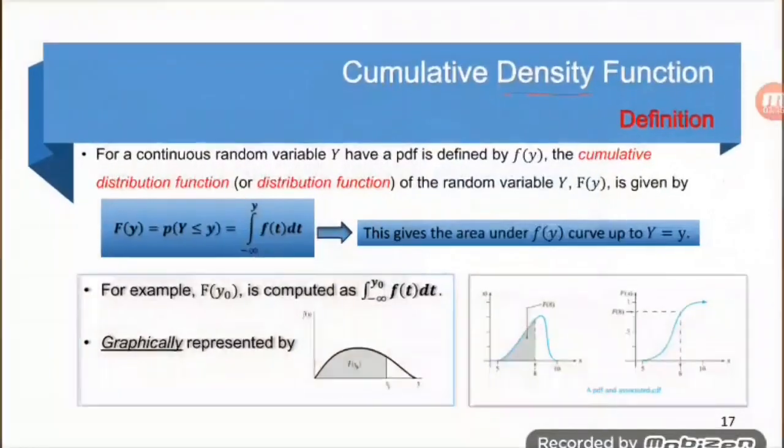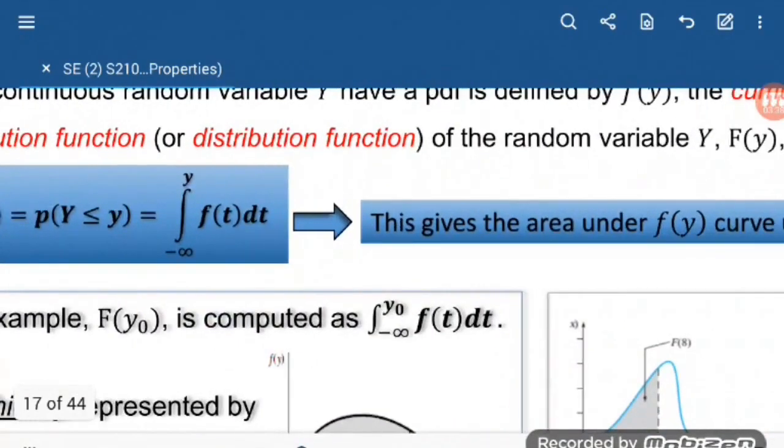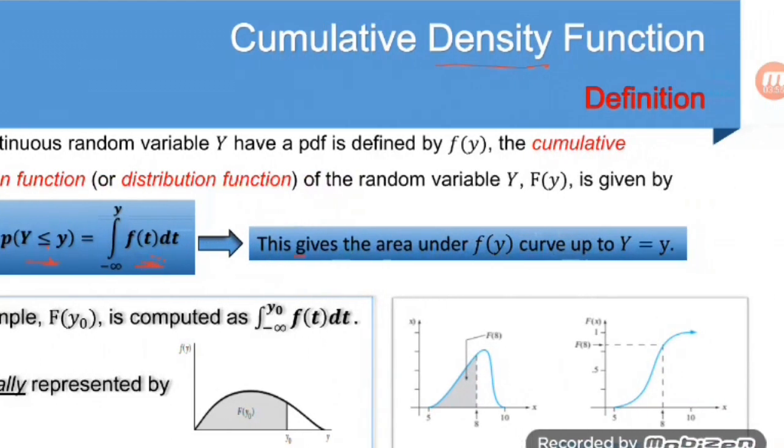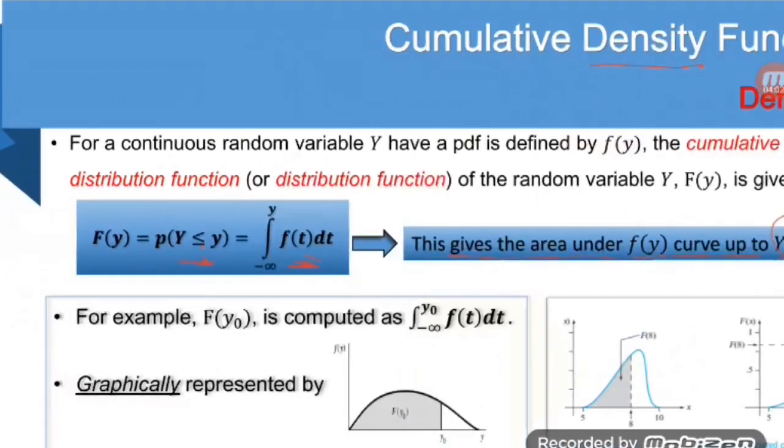Let's now try to read the definition. Here capital F of y is equal to the probability that y is less than or equal to a certain value of y, computed by this integral. This gives the area under the PDF curve up to a value y equal to a certain value, small y. Okay, so here in the graph on the left we assign the certain value y as y naught.